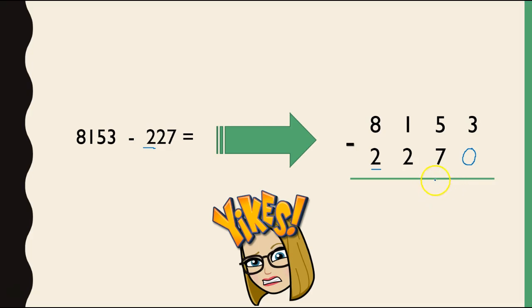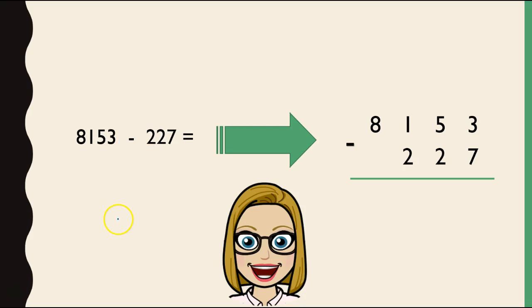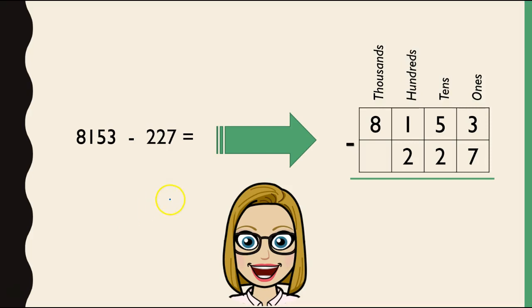So what we need to make sure we're doing is lining up our place value. This is a ones place value. So we need to put it in the same area as this 3, which is in the ones. So we're going to scoot it down. All right, so when I see them set up like this, that makes me very happy because they're lined up with the correct place value.